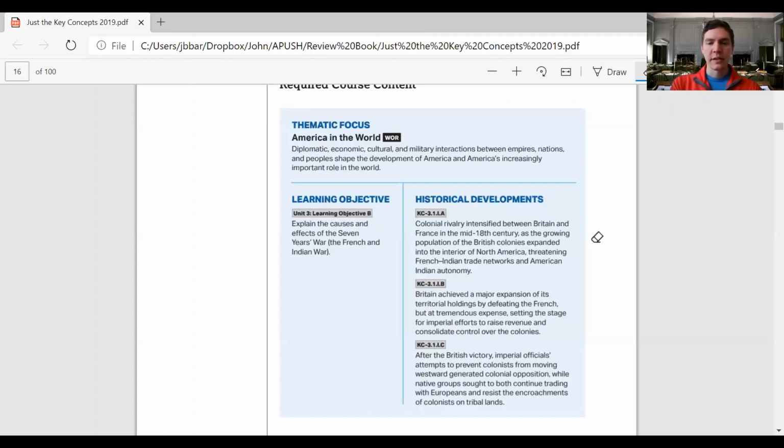Now, I'm down here at this point. As the war ends, the French are completely gone from North America, pretty much. The British have control from the Atlantic Ocean all the way to the Mississippi River.